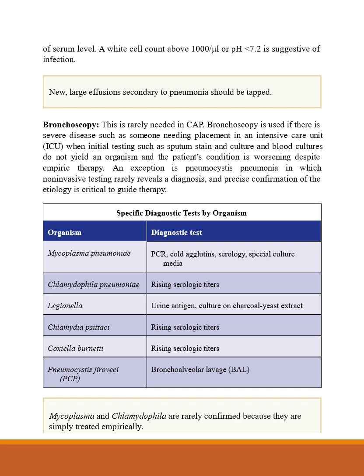Bronchoscopy is rarely needed in cases of CAP, but can be used in case of severe disease, such as someone who needs to be placed in the ICU, when initial testing such as sputum stain and culture and blood cultures do not determine the organism and the patient's condition is worsening despite the empiric therapy.